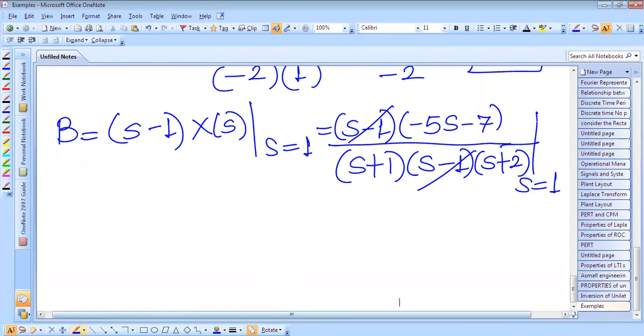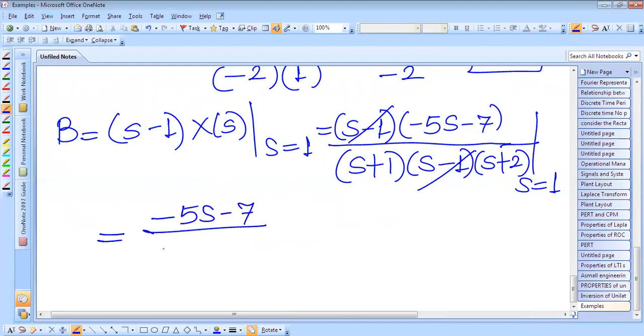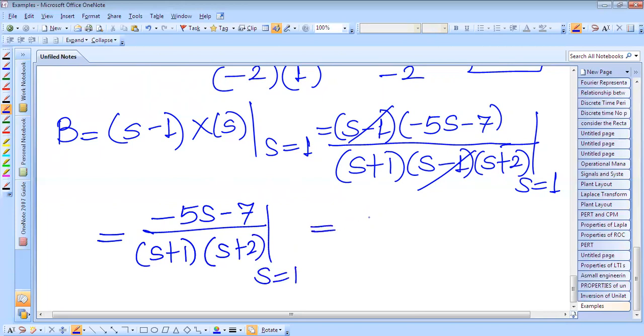What will remain? Minus 5s minus 7 over (s plus 1)(s plus 2). Put the value s is equal to 1. So here minus 5 minus 7, and this is 2 into 3.